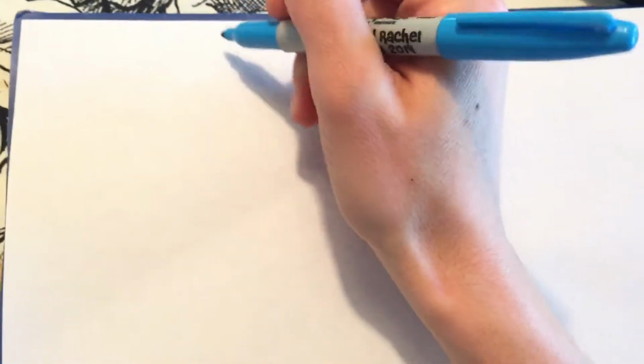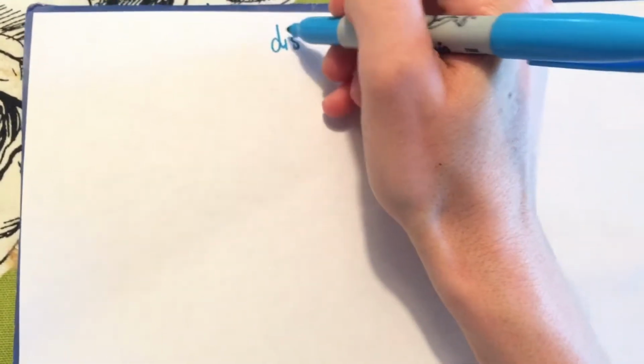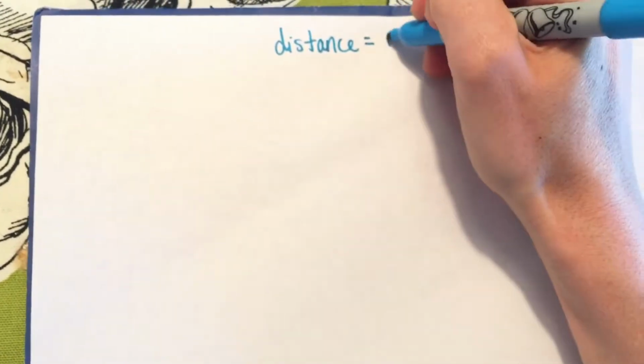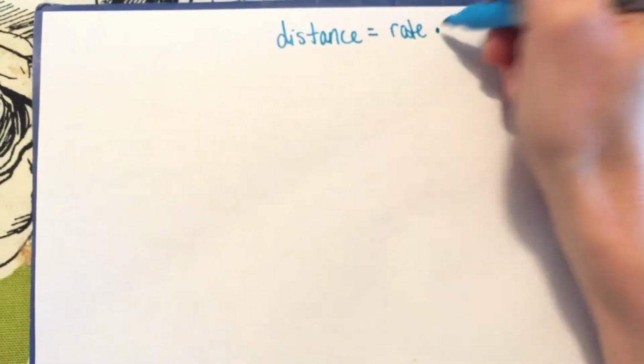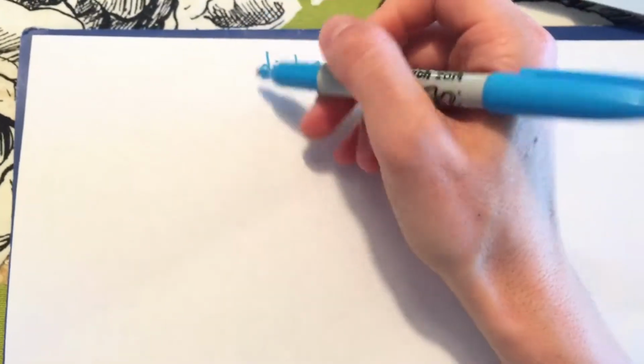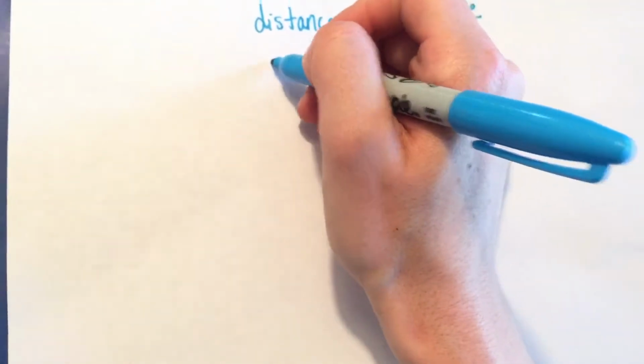Okay. So first of all, we want to start thinking about our equation that distance equals rate multiplied by the time. In this problem, it tells us that our distance is going to be 180 miles.